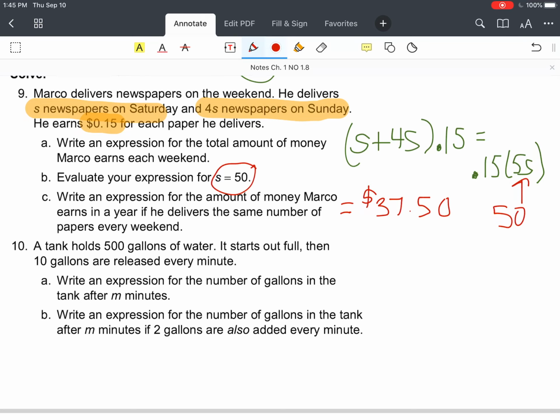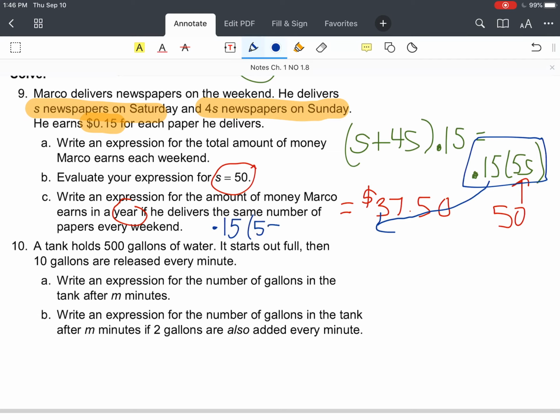And then letter C, write an expression for the amount of money Marco earns in a year. All right, so in a year, if he delivers every weekend, we have to think, how many weekends are there in a year? We're going to take my expression that I had for one weekend and multiply it by how many weekends there are a year. Well, there are 52 weekends a year.